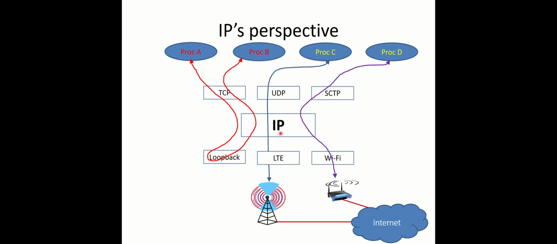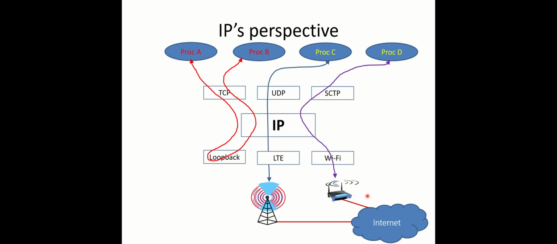For IP, there can be many interfaces. On my smartphone, I have LTE, Wi-Fi, and loopback. On my PC, I could have Ethernet and, sometimes, Wi-Fi. So for IP, these interfaces are like doors open to the internet.